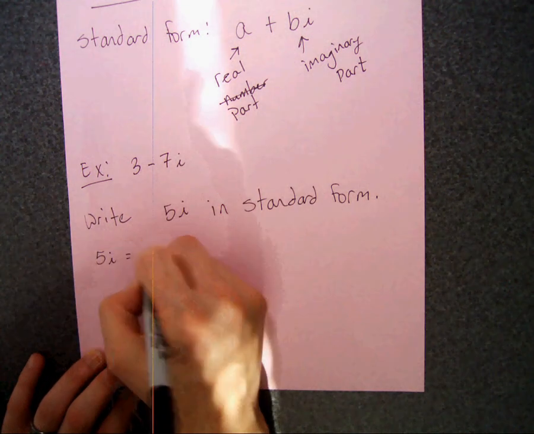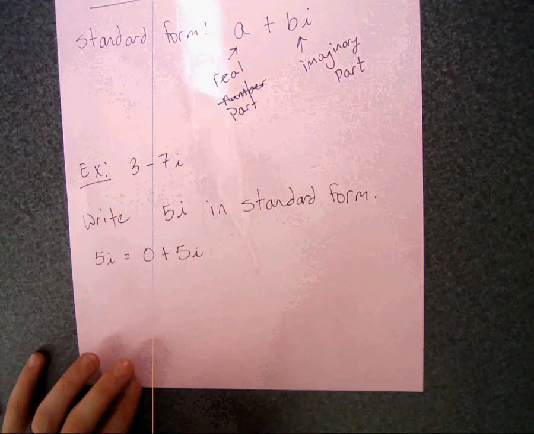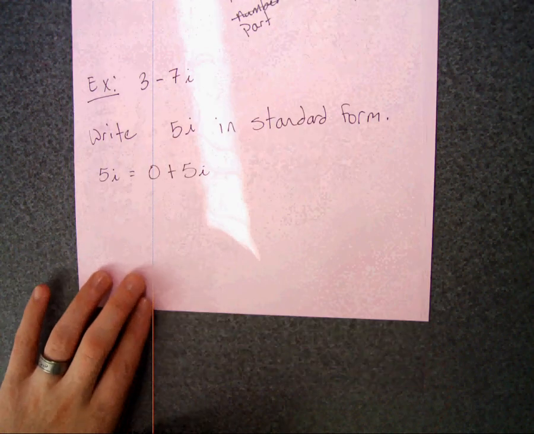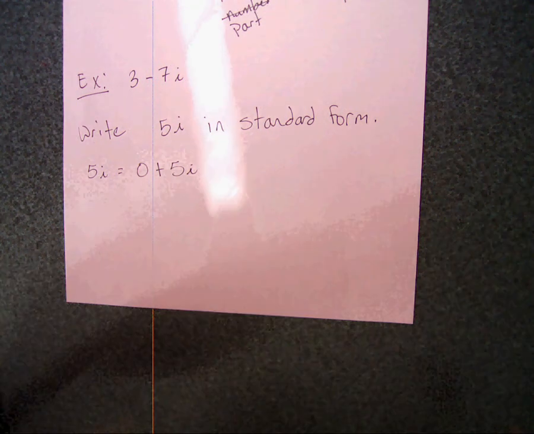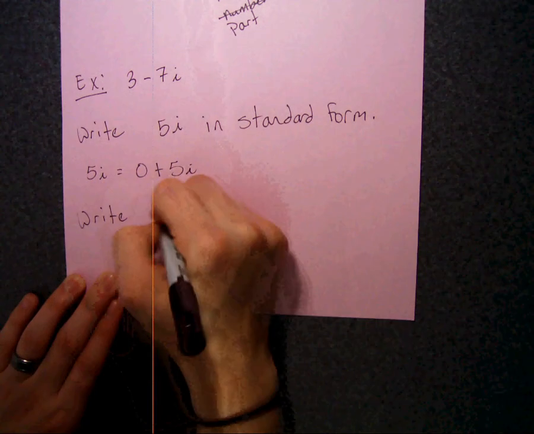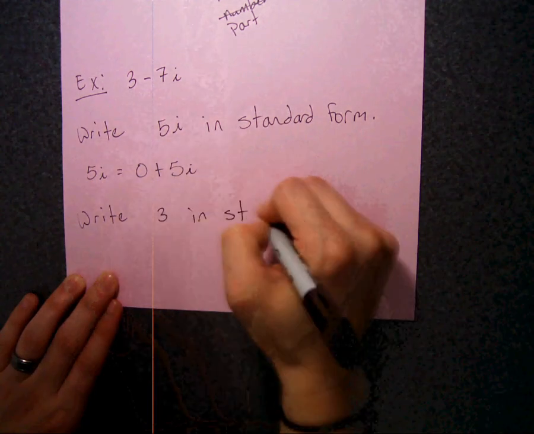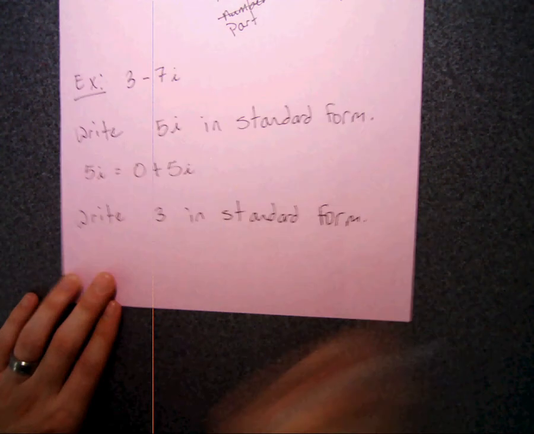And likewise, if I had a real number, let's say I wanted to write 3 in standard form, what would 3 be written as a complex number in standard form? 3 plus 0i, right? It's a real number, it's missing the imaginary part.